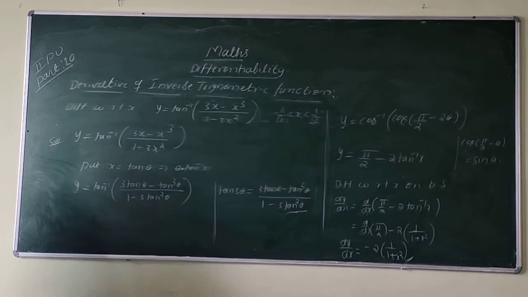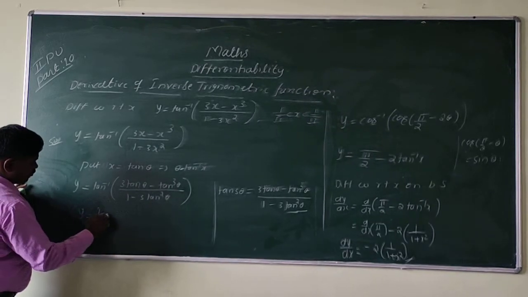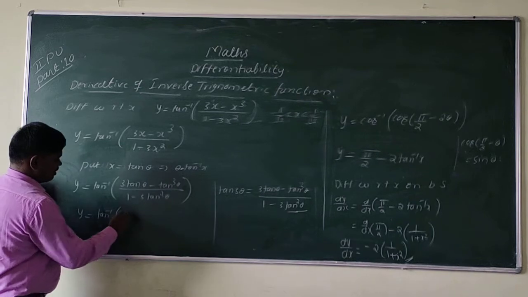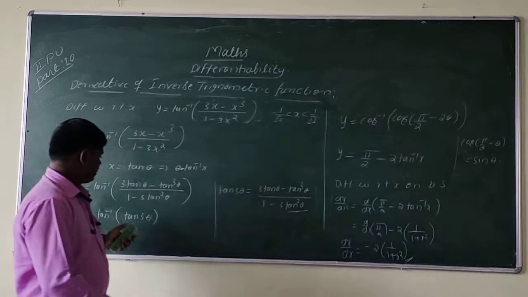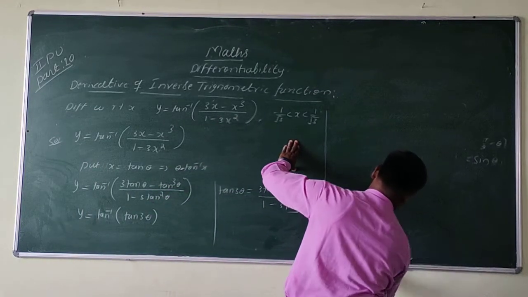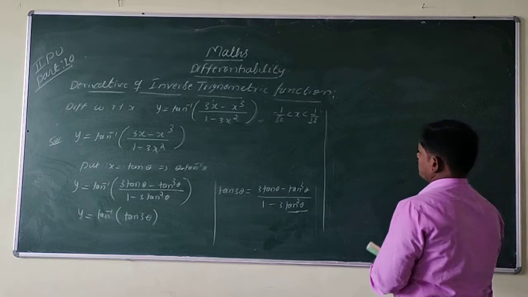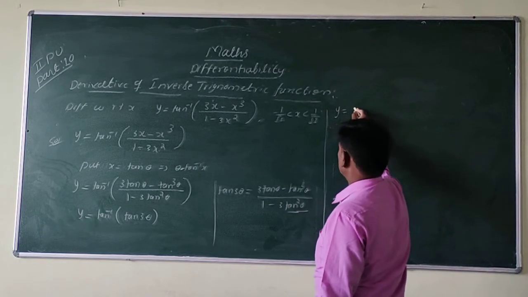So now the given term can be written as tan inverse of tan 3 theta. So these two terms vanish, and y is equal to 3 theta.